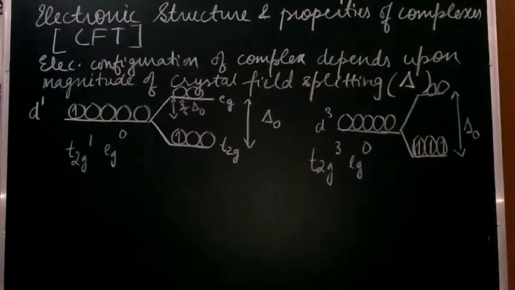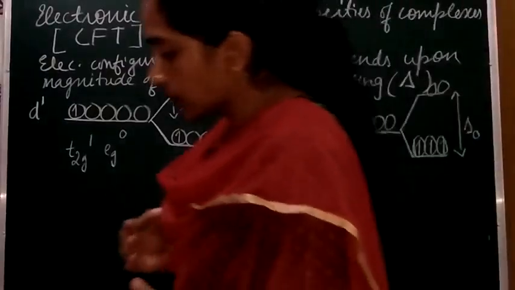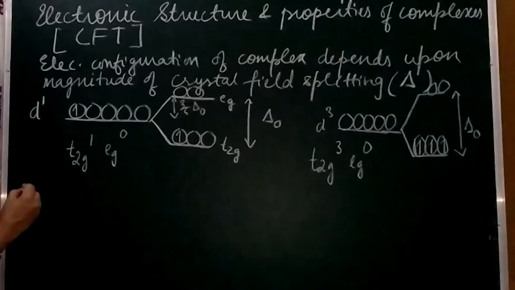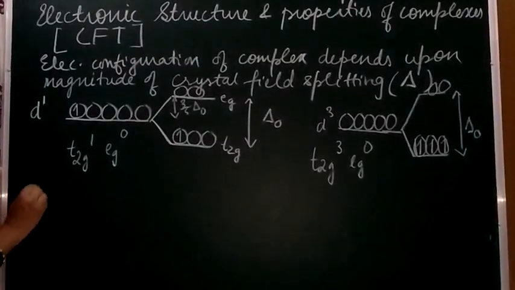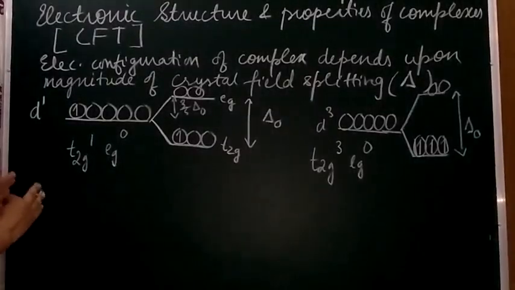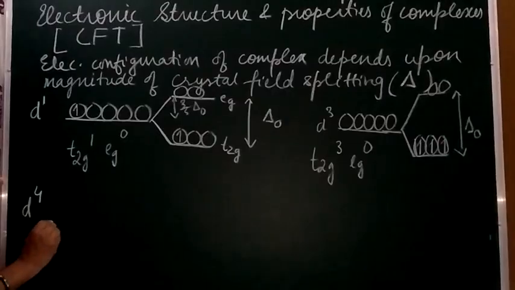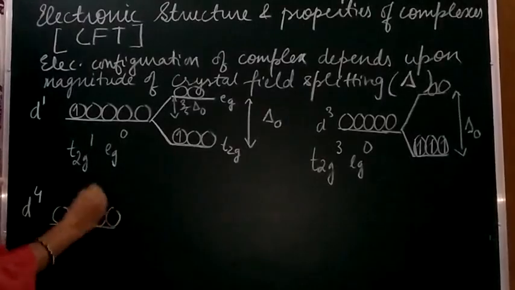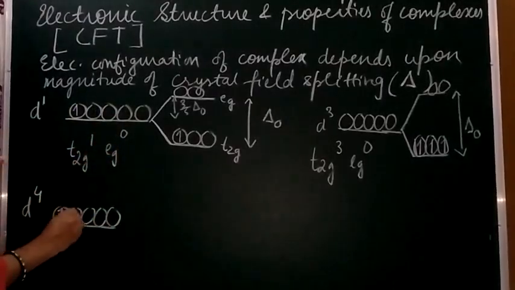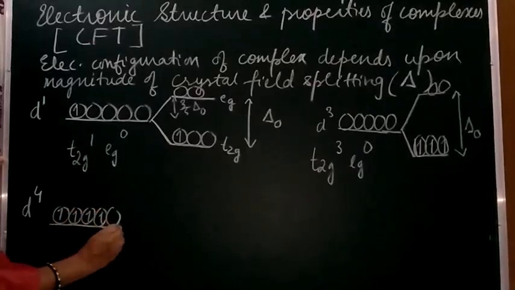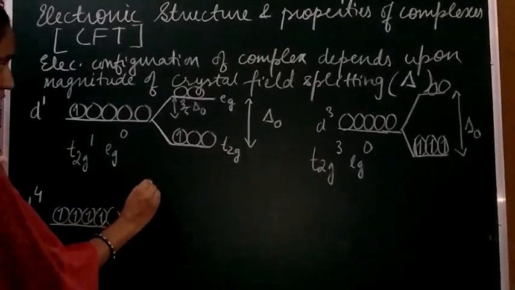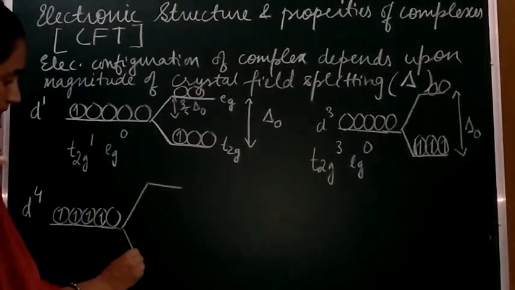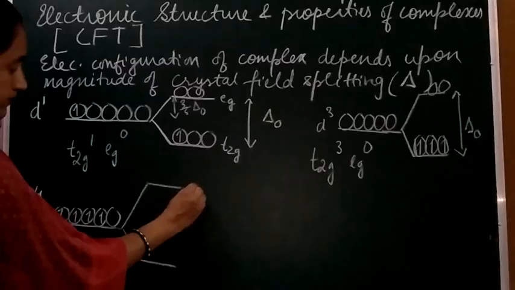But what will be the configuration when we write for d4, students? If the metal ion has 4 d electrons, we have these five orbitals. You can draw the blocks also; I am drawing circles. So 3/5 energy raised up, 2/5 lowered down.